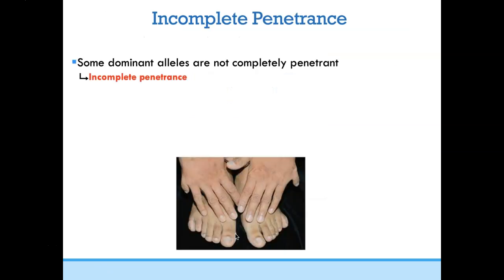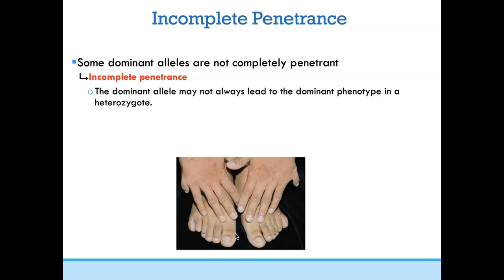So finally, there's this idea of incomplete penetrance. Some alleles that are dominant are not completely penetrant. What this means is that just because you have the dominant allele, it doesn't mean you're going to definitely express the dominant phenotype.